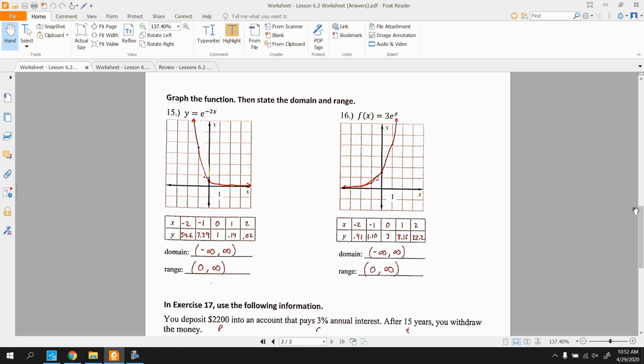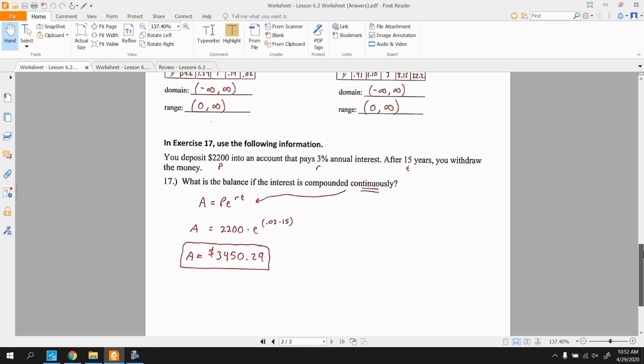From 6.2, the only other part is that we did talk a little bit about some other types of compound interest formulas, just as background to this one. 6.2 specifically was working with compounding interest continuously. That was the giveaway word which told us we were using this formula. So I went through and labeled everything.